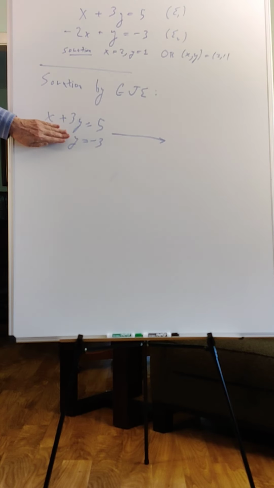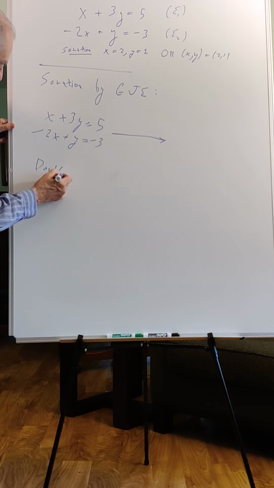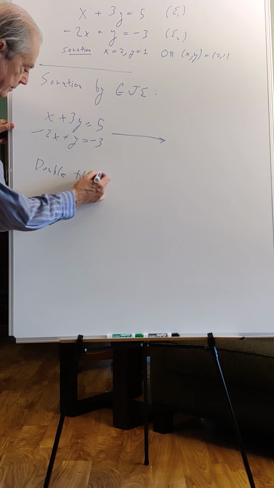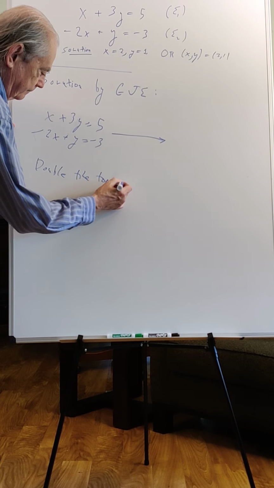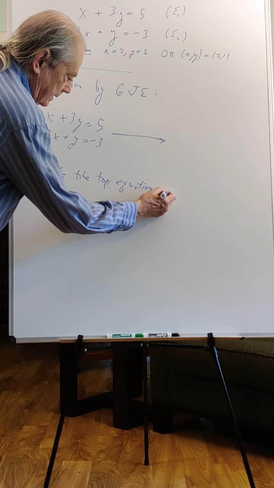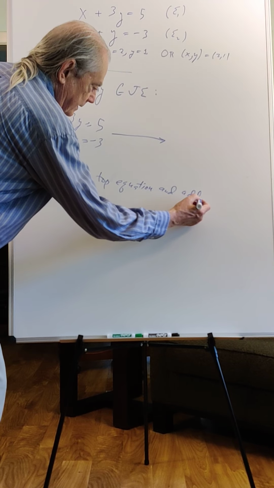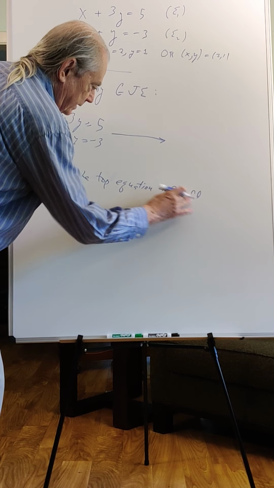We can't simply erase the term, that's a different problem. But what I want to do is double the top equation and add it to the bottom one. That's the key step.